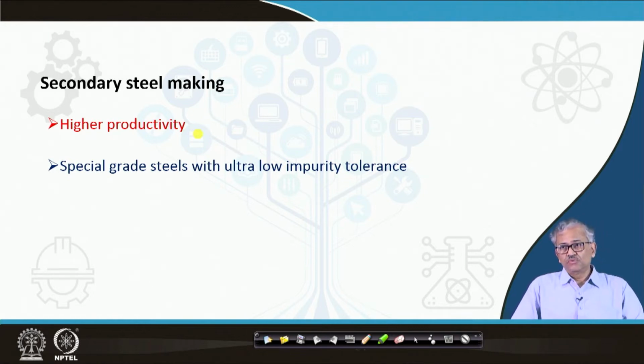We can utilize this transit time from SMS to the caster for different secondary processing. That way we can save a lot of time and increase productivity. So, primary steel making should be as fast as possible, then processing happens during the ladle's transit from SMS to the caster.